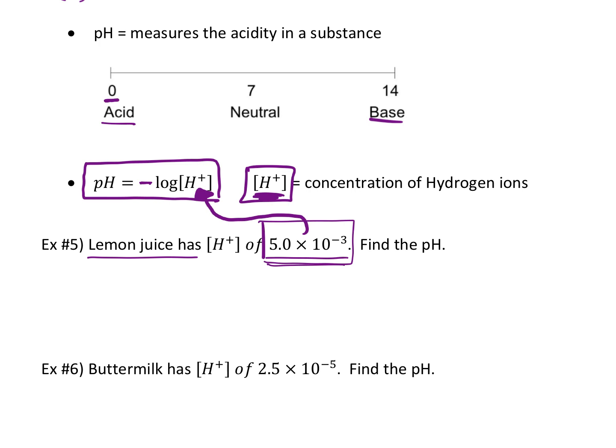So what you do with this is you say the pH is going to equal negative log, and then you plug in that number, 5.0 times 10 to the negative third. And if you plug it in exactly how you see it, you will get the right answer. So get your calculator out, see if you can get there. Do you think this is acidic or basic before we go? Lemon juice. Acidic. Very acidic.